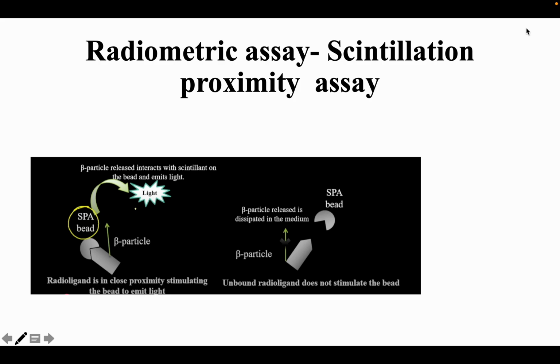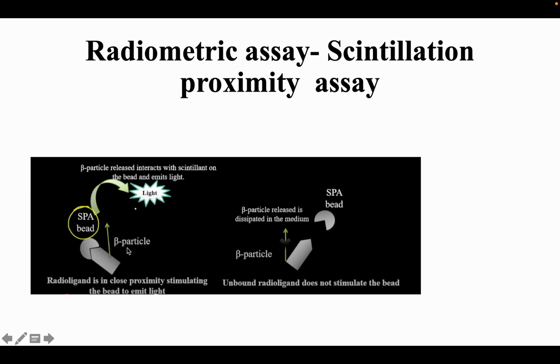One of these radiometric assays is the scintillation proximity assay, also known as SPA. The SPA can be immobilized onto a bead, and it will have a radioactive particle.